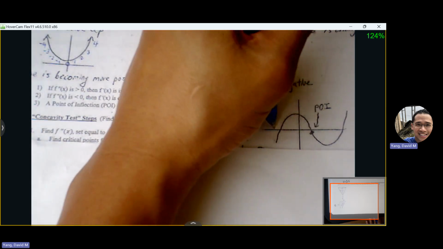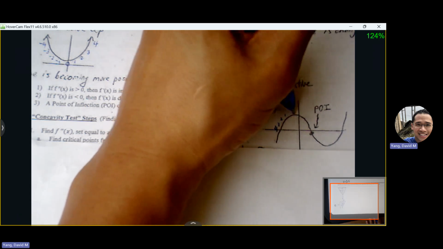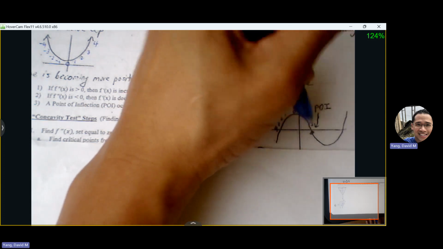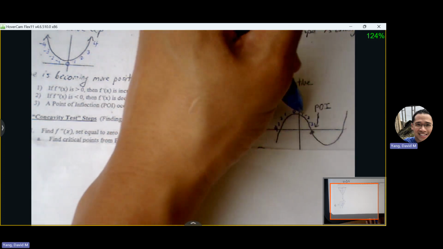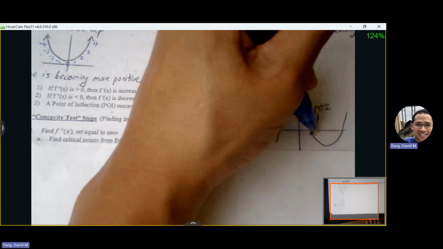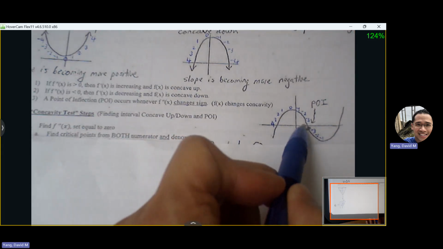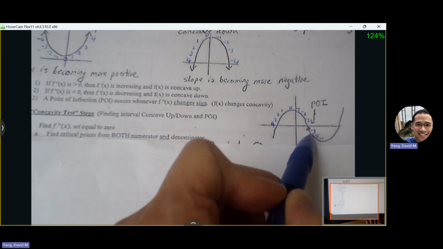So here, maybe this is slope 4, then 3, 2, 1, 0, -1, -2, -3. At some point, that slope is going to start moving in the other direction, -3, -2, -1. At that transition point is where the point of inflection occurs.